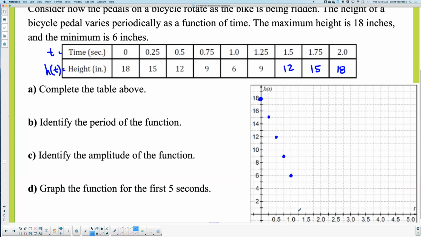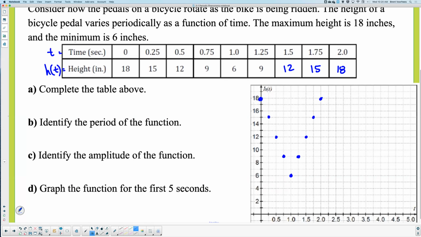Starting at 1.25, the pedal starts to rise again. Now we're back to 9 inches. 1.5 is now 12 inches. 15 inches at 1.75. And then finally, at 2 seconds, we arrive at 18 inches again.